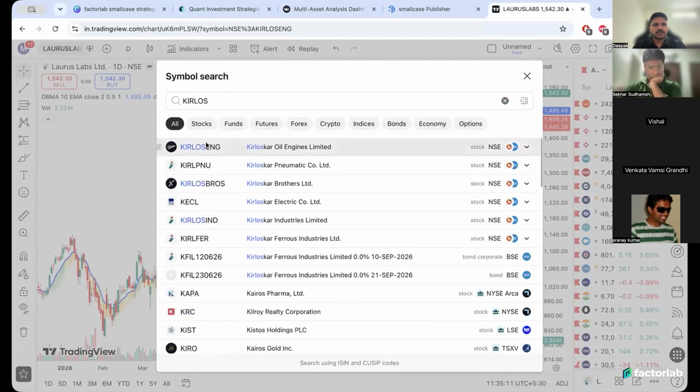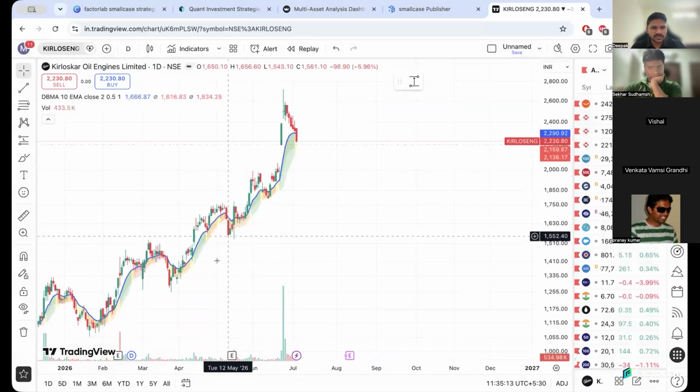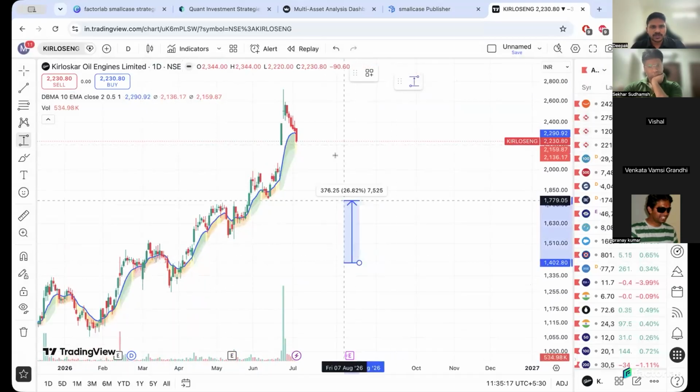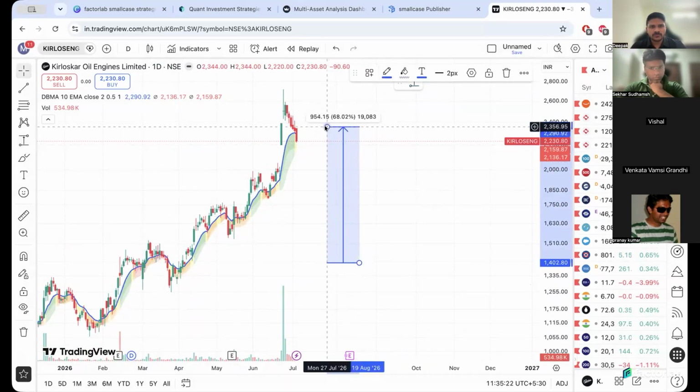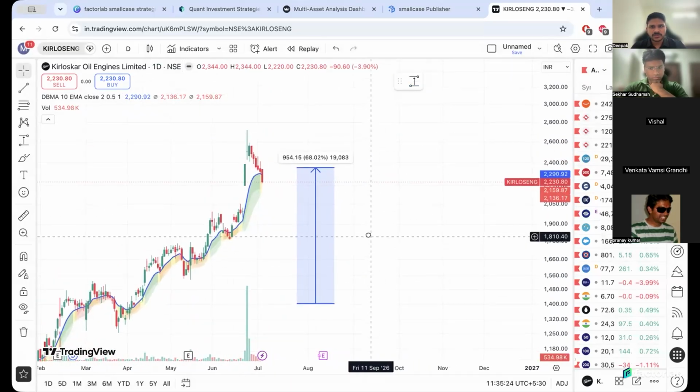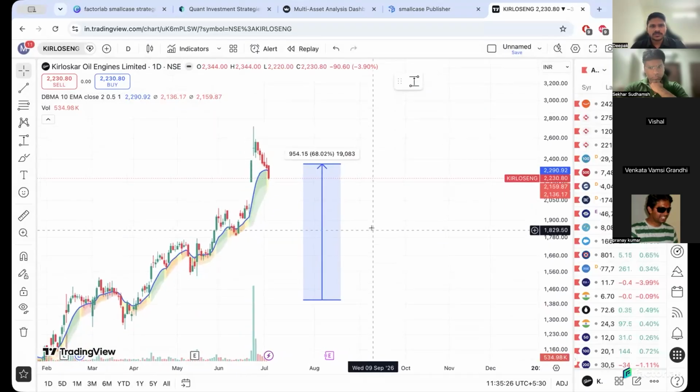We've held that since March 2026. So this is where it was, and we've done decently, about 50 odd percent. Yeah, and 60 odd percent is what we've gained since the time we identified Kirloskar. So this is one stock that has been rallying quite well and actually taking the portfolio up.